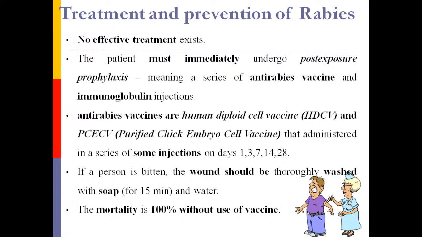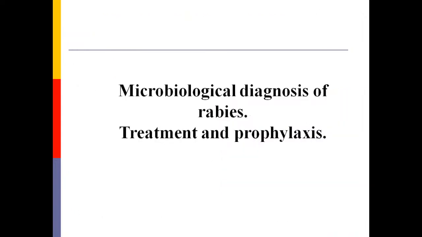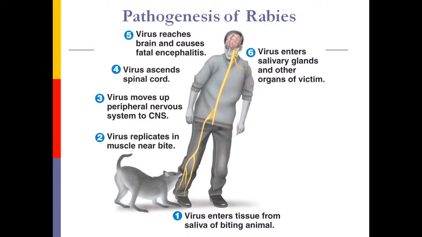Vaccine in rabies is very interesting because we used to say that vaccines must be injected before infection, before appearance of infection in a human. But I have said to you that the virus enters and moves up to the central nervous system during a long period, very slowly. That's why we have time.